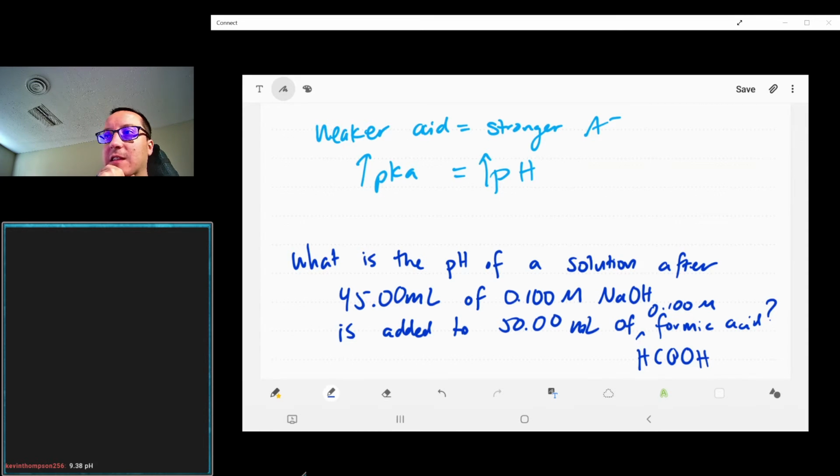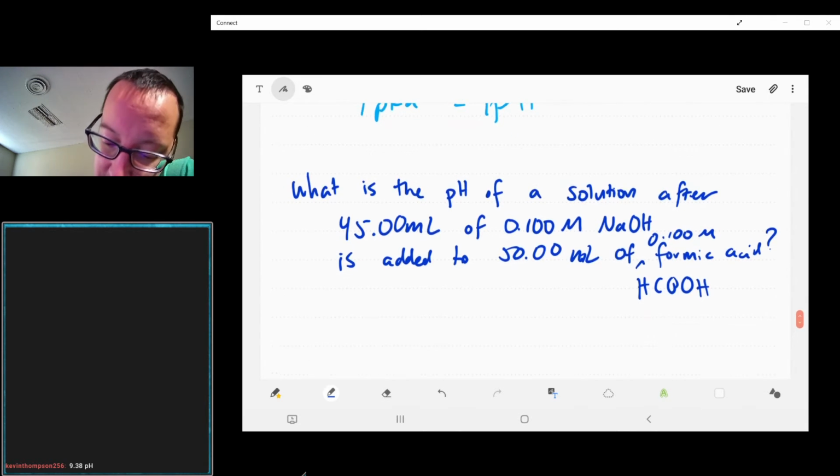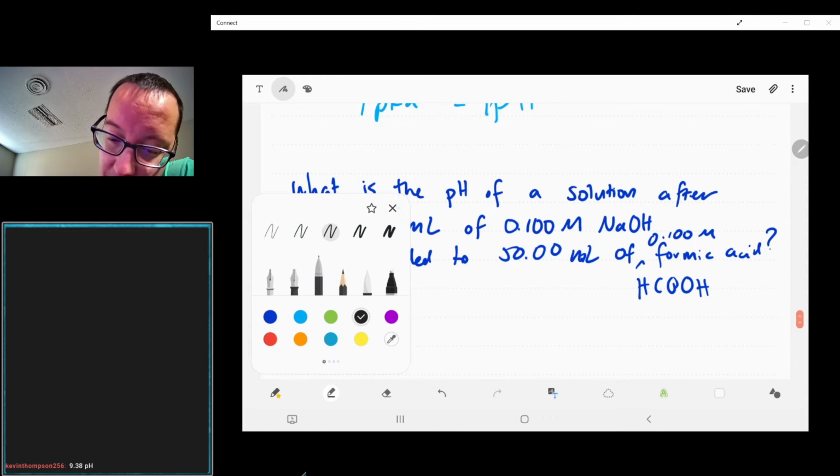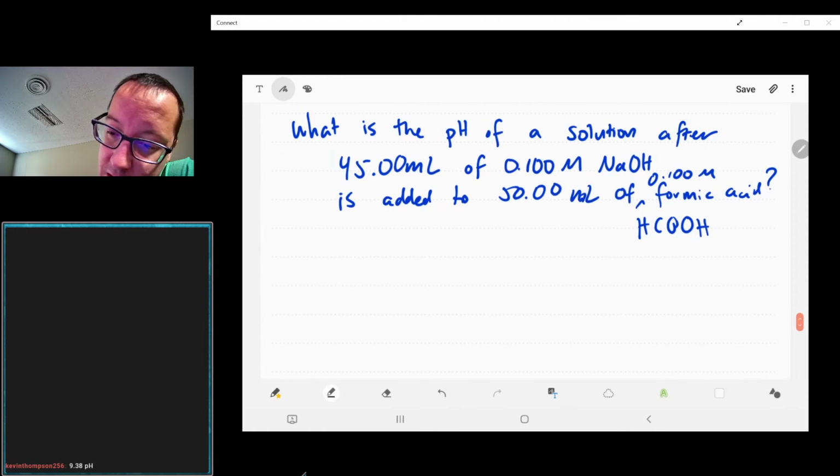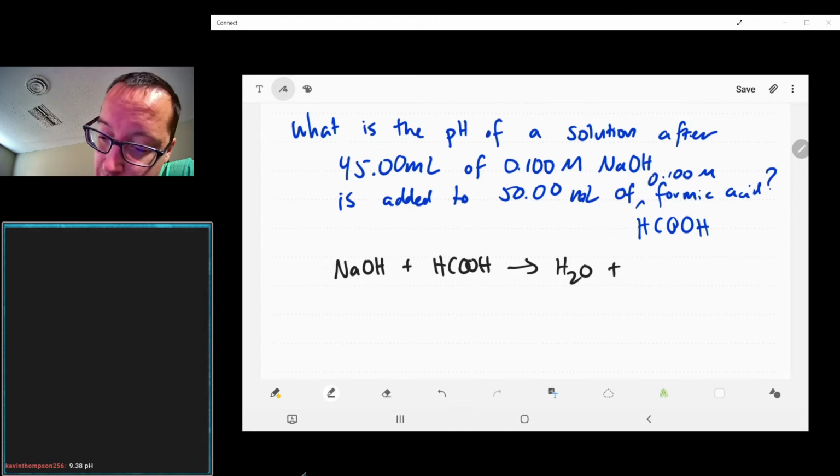So with this, we're going to be able to figure out the pH of the solution by taking a look at some of these numbers. So we know that we have, what are we having here? We have sodium hydroxide plus formic acid. Actually, it's not even going to be equilibrium. We're going to make water plus sodium formate.